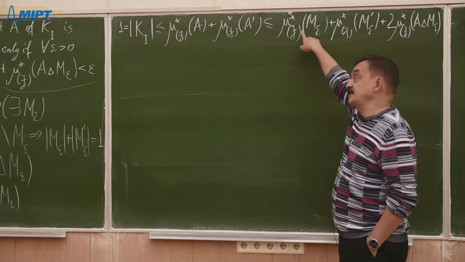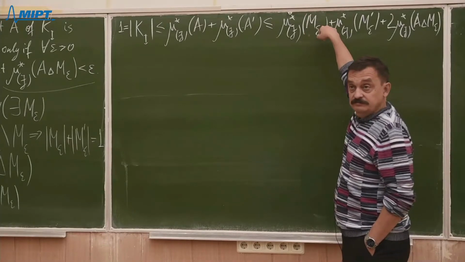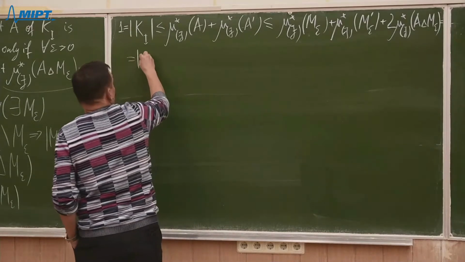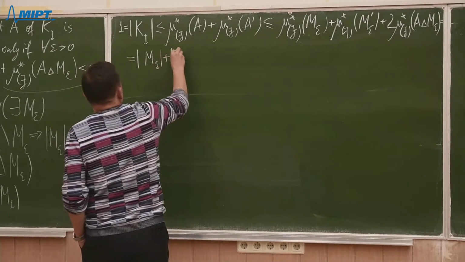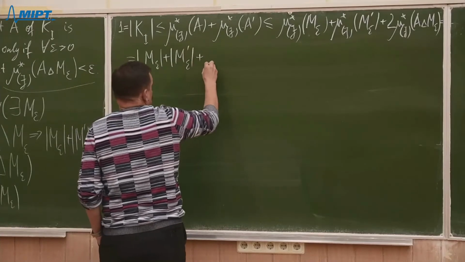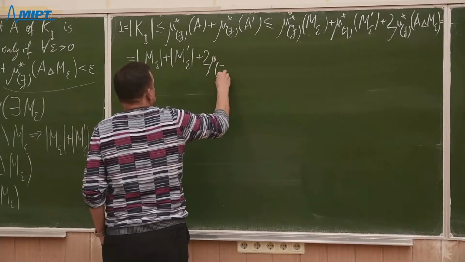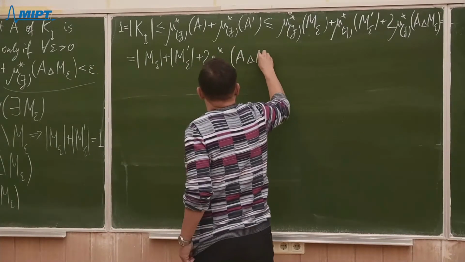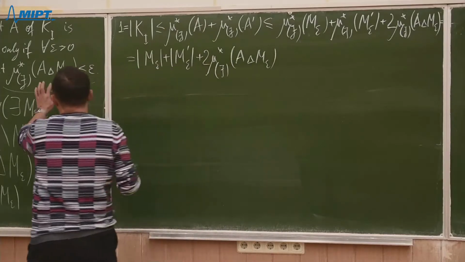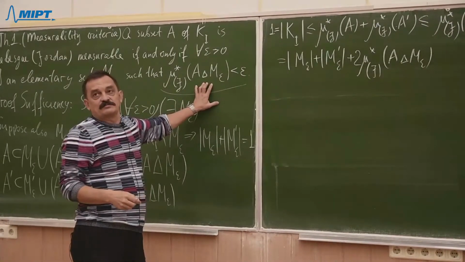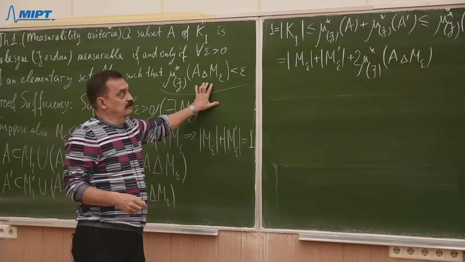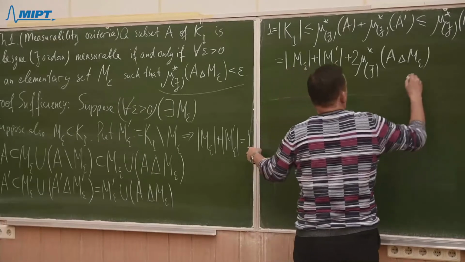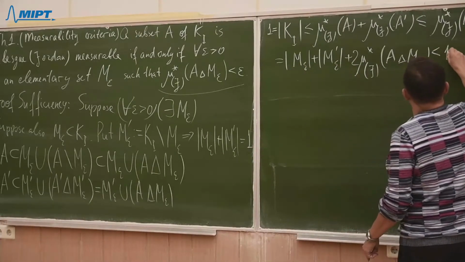For elementary sets, outer measure coincides with volume. So I can write equals volume plus volume, and here 2 times the outer measure of this symmetric difference. But as we suppose that the outer measure is less than epsilon, and the sum of volumes is equal to 1, it is less than 1 plus 2 epsilon.